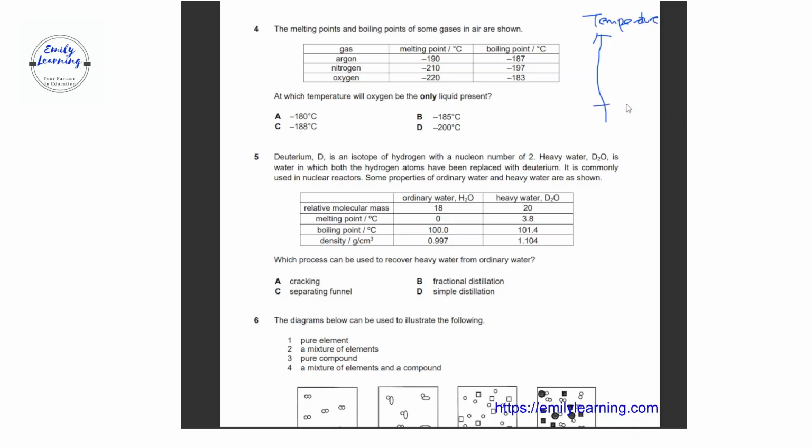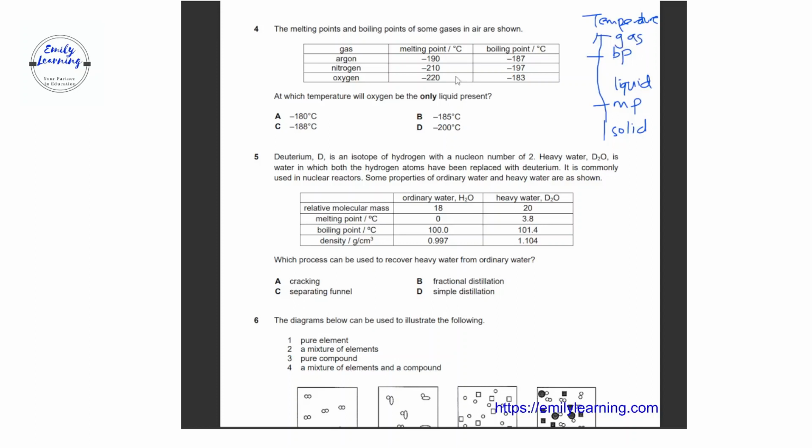Melting point is always lower than boiling point. When a substance is at a temperature below its melting point, it is a solid. Between its melting and boiling point, it is a liquid. And above its boiling point, it is a gas.